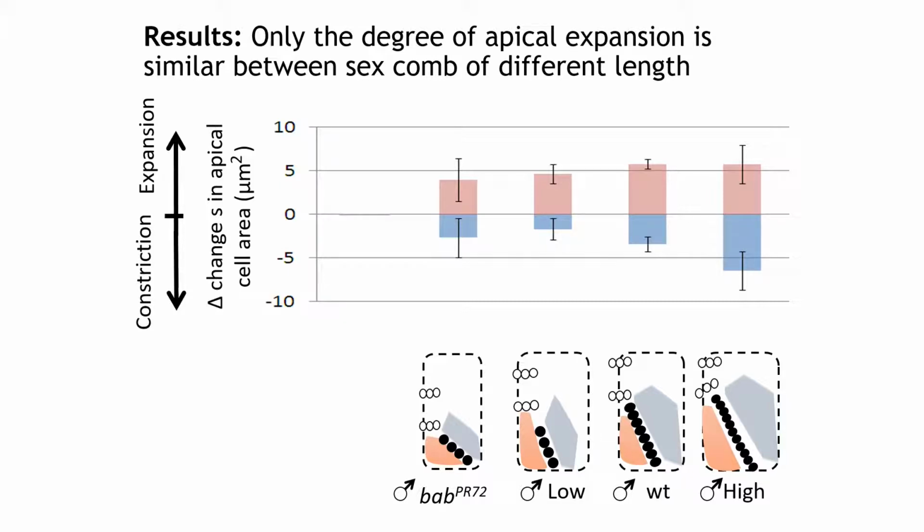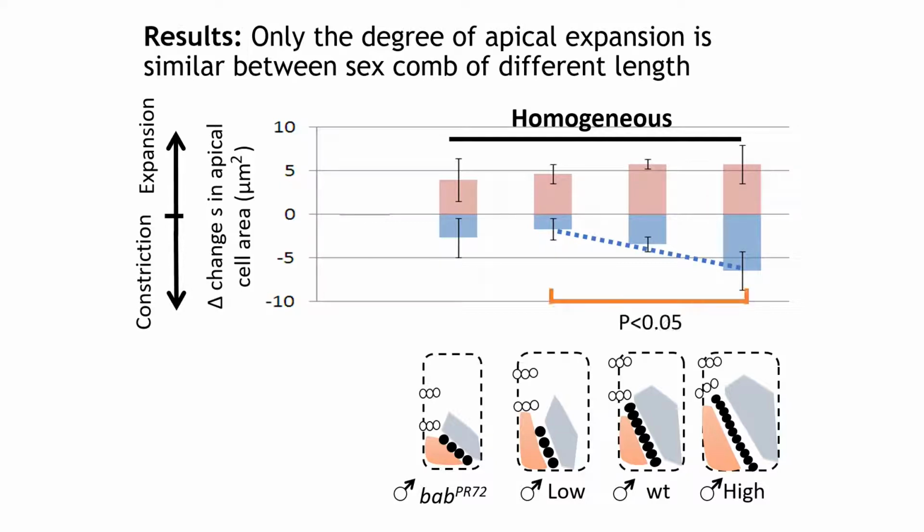But if you compare the expansion and the constriction, they seem to be different. If you compare the degree of expansion, although there is some variation, all of them seem to be statistically homogeneous. On the other hand, when you have combs that are smaller or longer, the degree of constriction, the blue region, seems to be different.